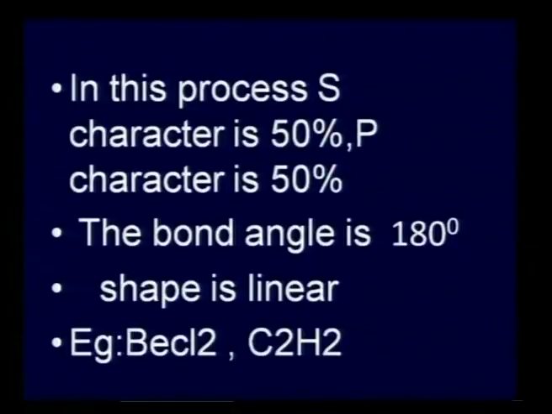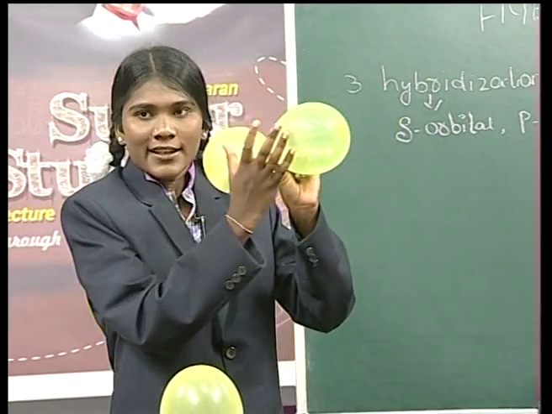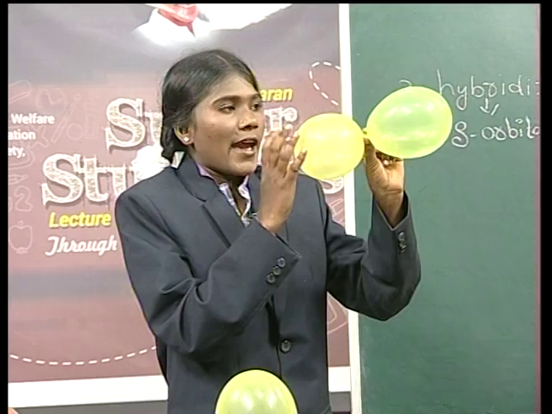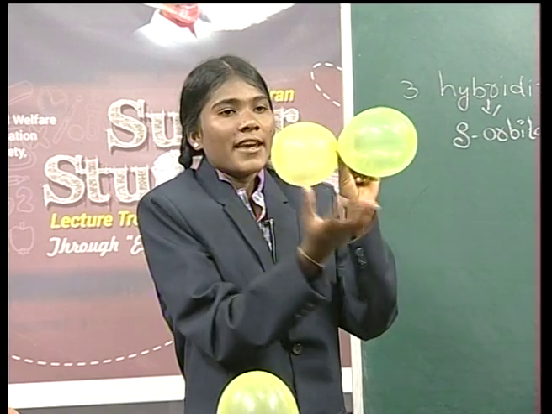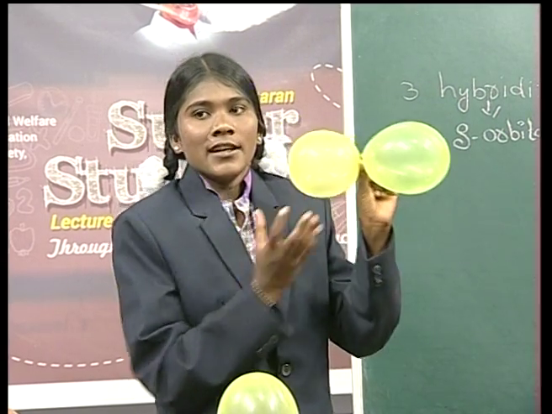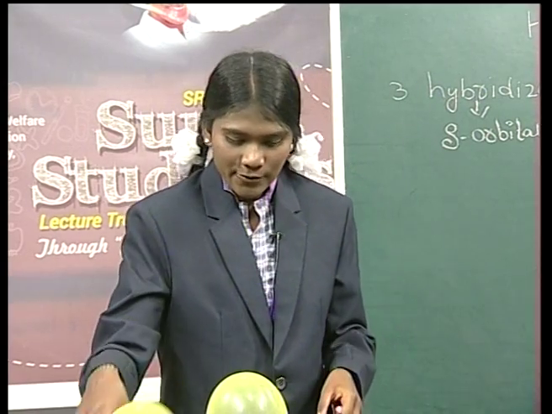In this process s character is 50% and p character is 50%. In sp hybridization we get 2 hybrid orbitals. This is called sp hybridization.